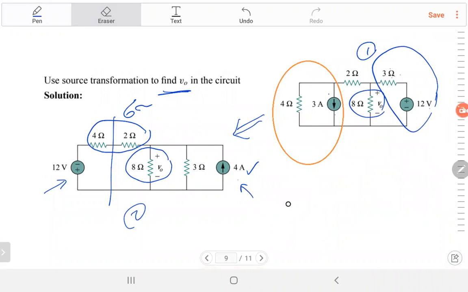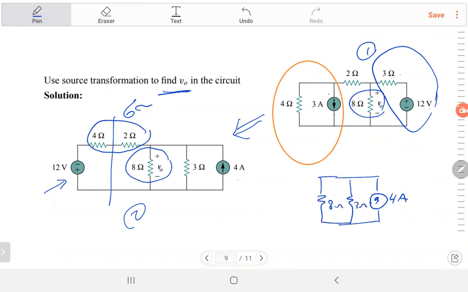When you do it, you'll find it's still not easy. I will sketch this conversion to current source. That's 4 amp, 3 ohm, and then you got 8 ohm, 2 ohm, and you have current source, 2 ohm, 4 ohm. All are current source.